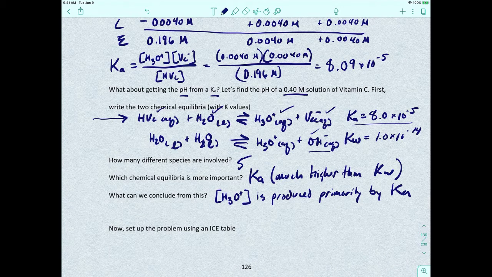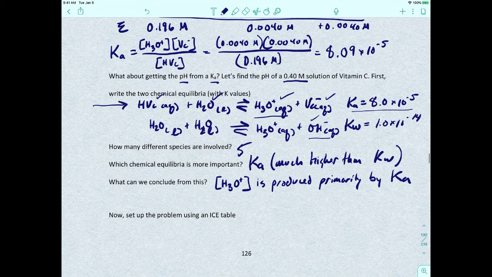Okay, so that's what we can get out of this. So that means when we're trying to figure out the pH of this solution, we're going to focus primarily on that first reaction to generate our H3O+, so that we can measure the pH of that, and we should be pretty close.